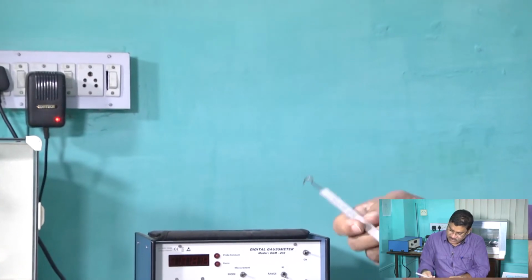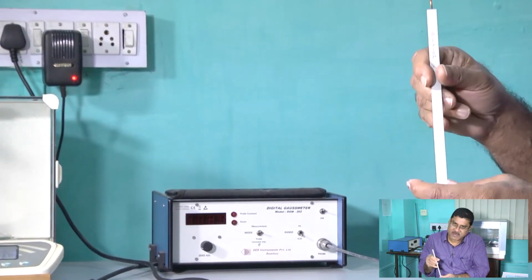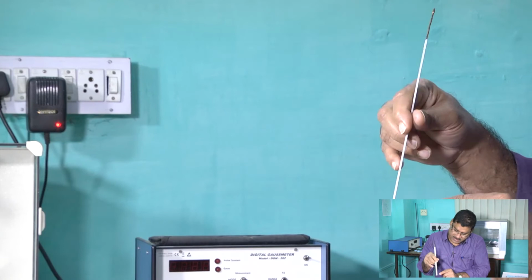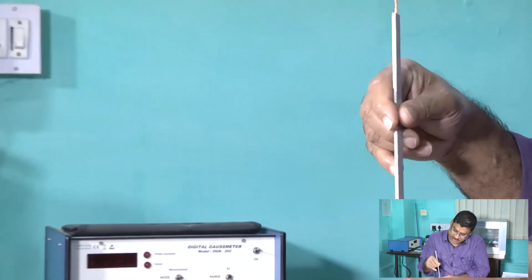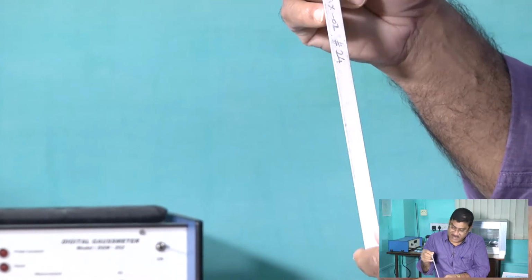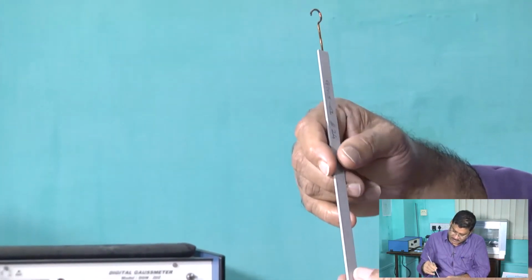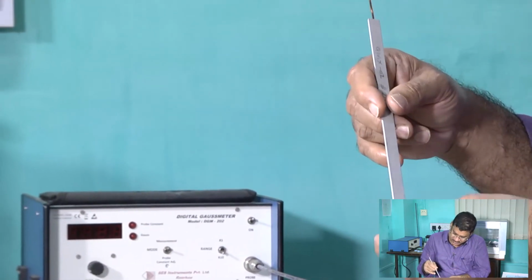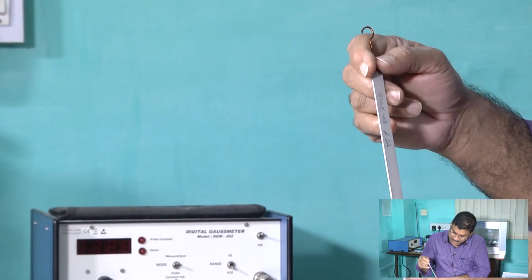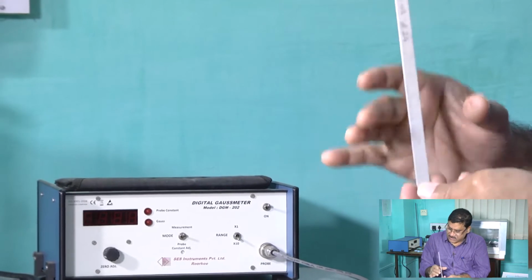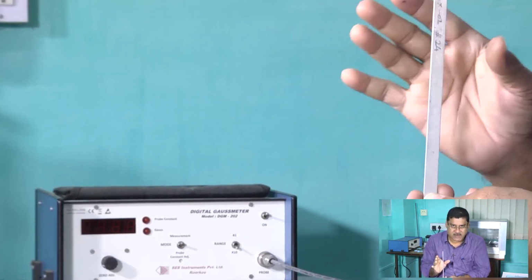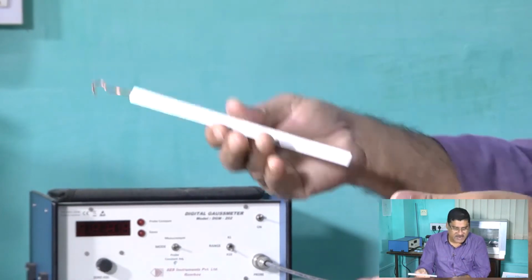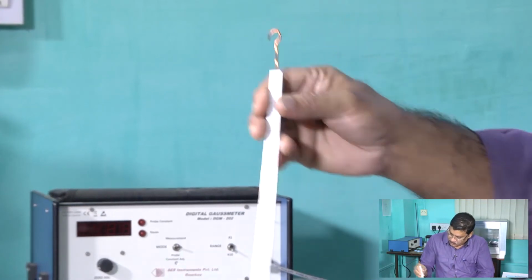So, one has to measure these. Here the width is 10 millimeter, the thickness is around 2 millimeter, and the length is 20 centimeter. The density of aluminum one can get from the literature. So, these parameters for this sample are known to us, or we can measure and note them down. Now, we have to hang it from this balance.